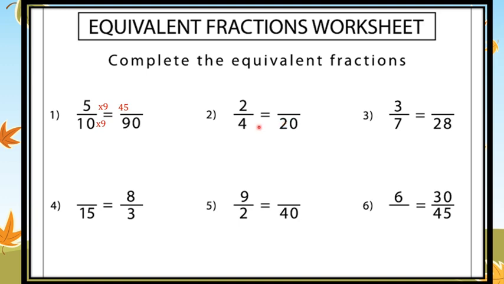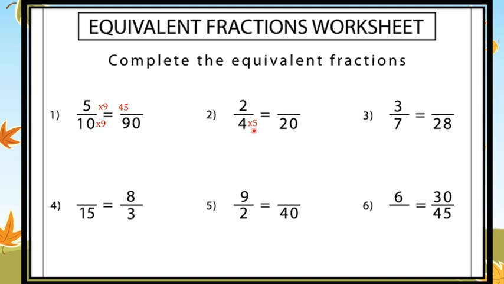Obviously 4 is not divided because this number is bigger, and to reach a bigger number we will multiply only. So how many times 4 is 20? 4 fives are 20.